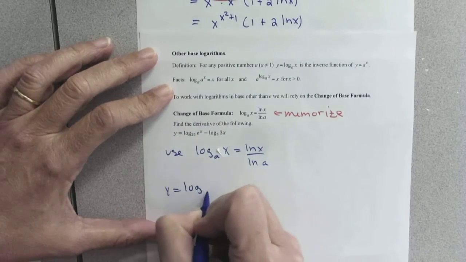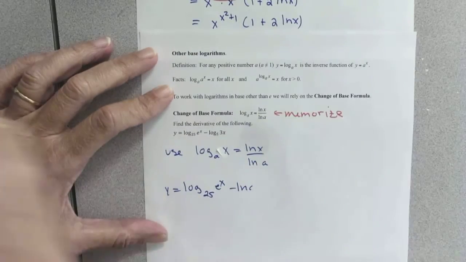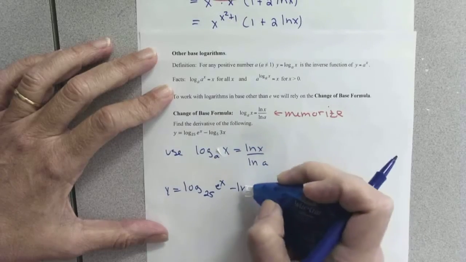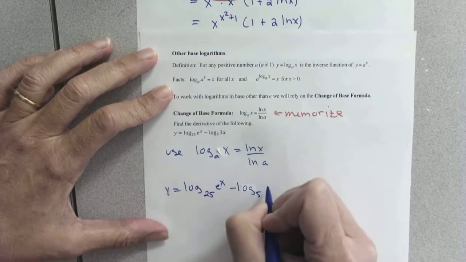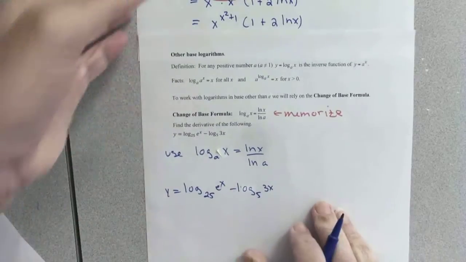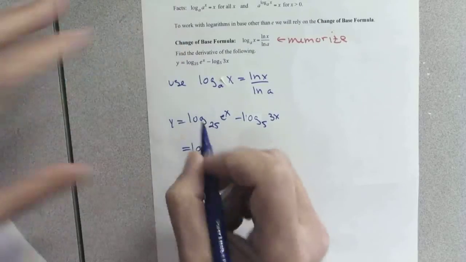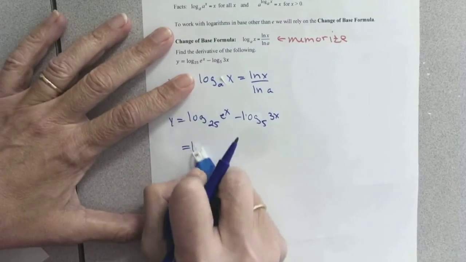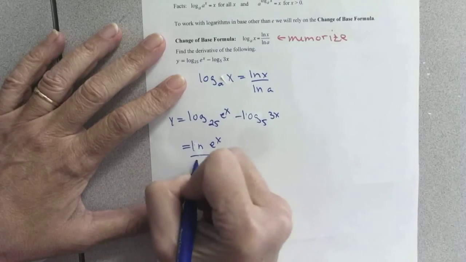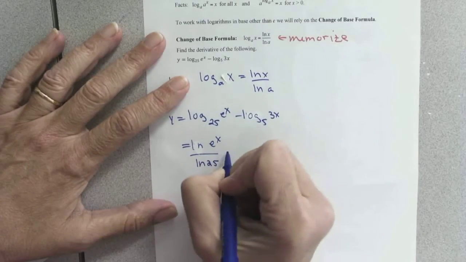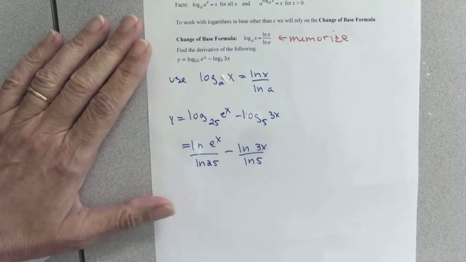So y equals log base 25 of e to the x minus log base 5 of 3 to the x immediately becomes natural log of e to the x over natural log of 25 minus natural log of 3 to the x over natural log of 5.